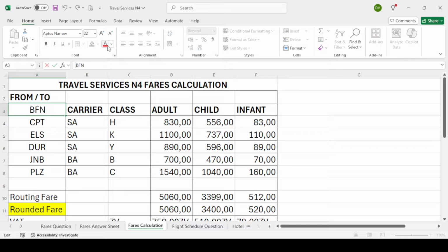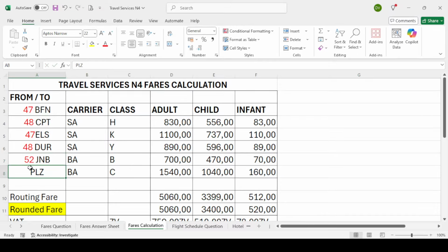You can just put it in next to Bloemfontein, 47. From Cape Town, my PSC charge is 48 Rand. From East London, which is also one of the smaller airports, my PSC is 47 Rand. From Durban, my PSC charge is 48 Rand. And from Joburg, my PSC charge is 52 Rand.